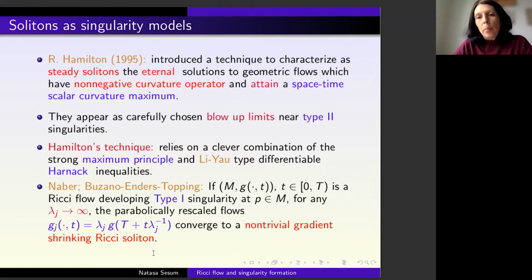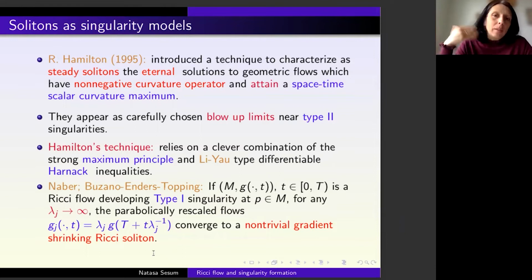Right? And we also know that these eternal solutions appear as blow-up limits when you study type 2 singularities. If you carefully choose the sequence of points around which you will blow up, then you develop these eternal solutions as type 2 singularity models. And you can always perform this blow-up limit to satisfy the condition that, if you have the right curvature conditions, the scalar curvature attains its space-time maximum.